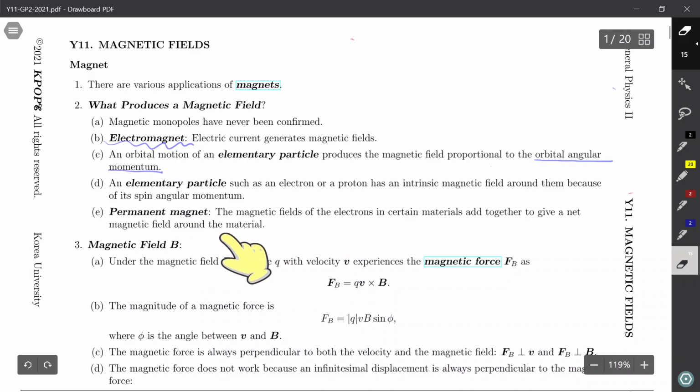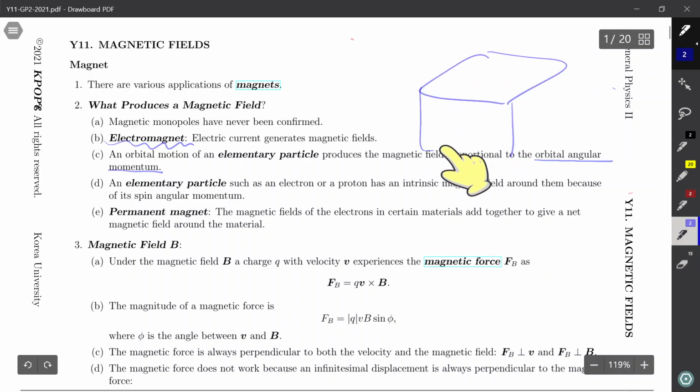Permanent magnet. Magnetic fields of electrons in certain materials add together to give a net magnetic field around the material. Inside the material, they are composed of atoms, so protons and electrons are rotating around the nucleus.